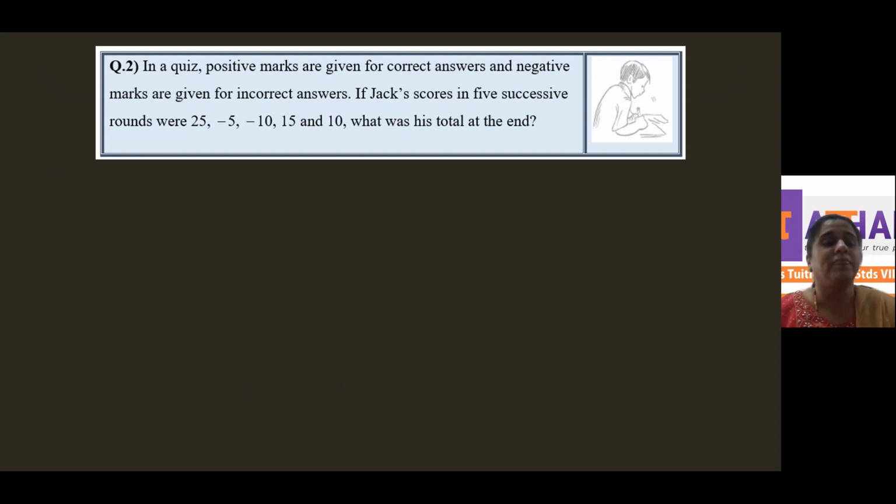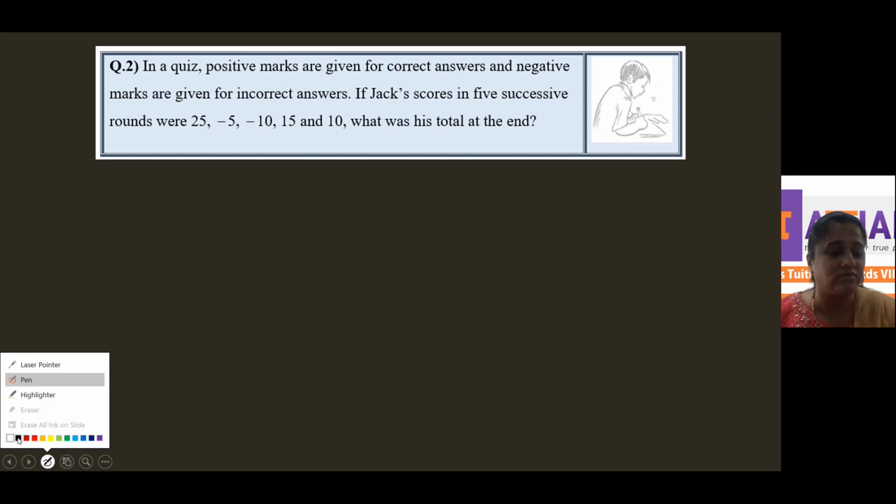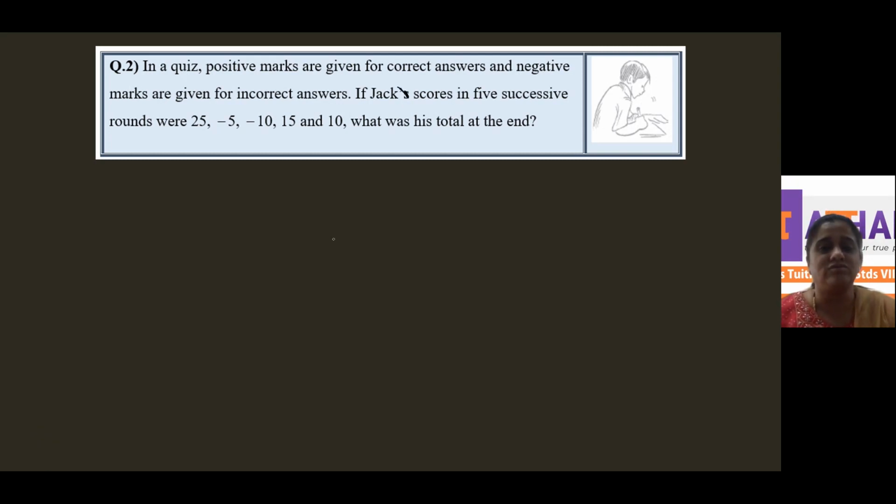Please answer only if I ask you, okay? Now, in a quiz, positive marks are given for correct answers and negative marks are given for incorrect answers. If Jack's scores in 5 successive rounds were 25, -5, -10, 15, and 10.